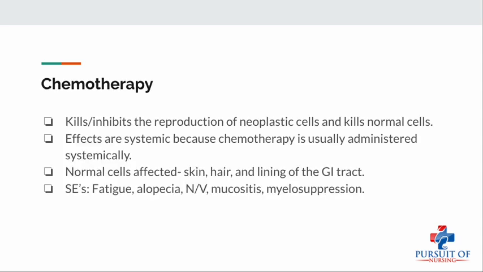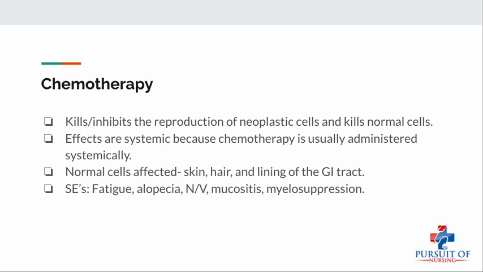So chemotherapy kills or inhibits the reproduction of neoplastic cells in addition to killing normal cells. We talk about this too in the medication section with HEMOC, but effects of chemotherapy are systemic because chemotherapy is usually administered systemically via IV.